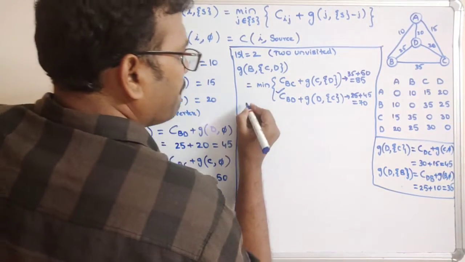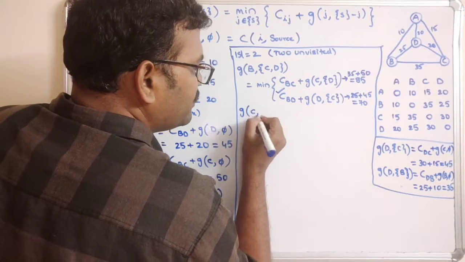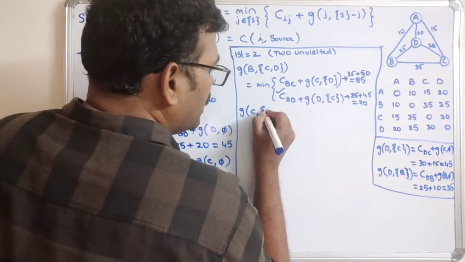Now again G of C, if C is a source, what are the remaining elements?